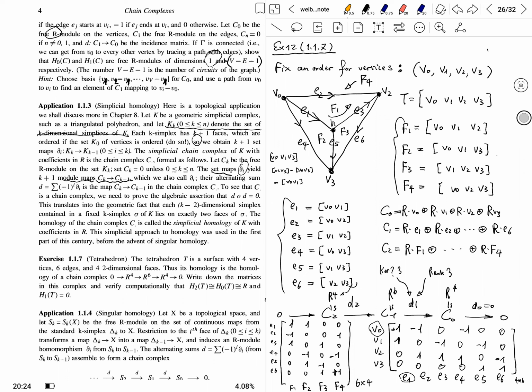Similar reason for F2, it should be V0, V1, V3. And then for F3, correspondingly it should be V1, V2, V3, and so clockwise. And for F4, clockwise. Okay, it's totally defined. This orientation is totally determined by this fixed order at the beginning.